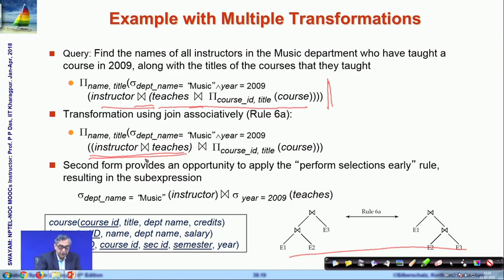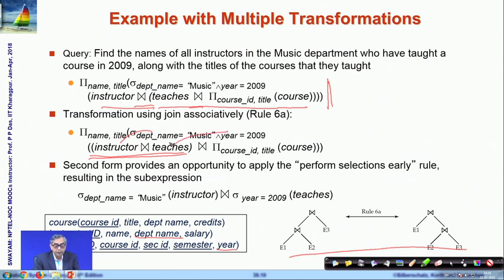Here we are using associativity of joining the first and second and then using the third. Now, if you join first and second, the department name is in instructor, and the other condition is year, which is in teaches.